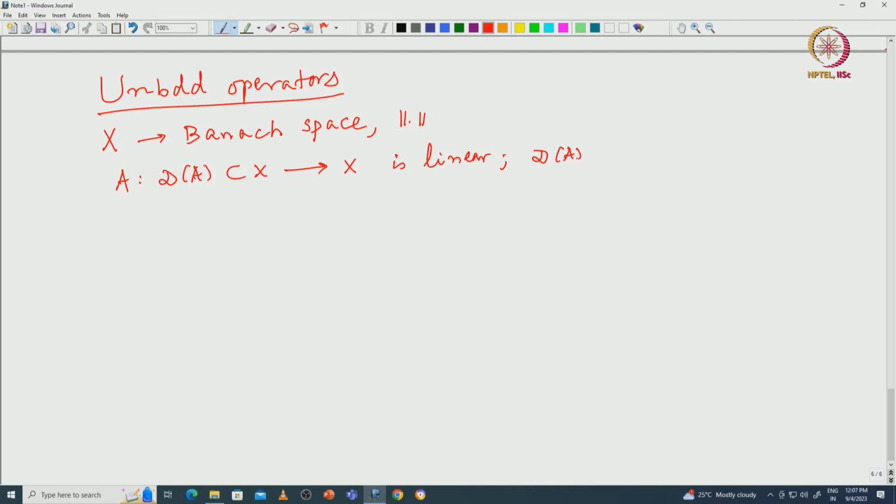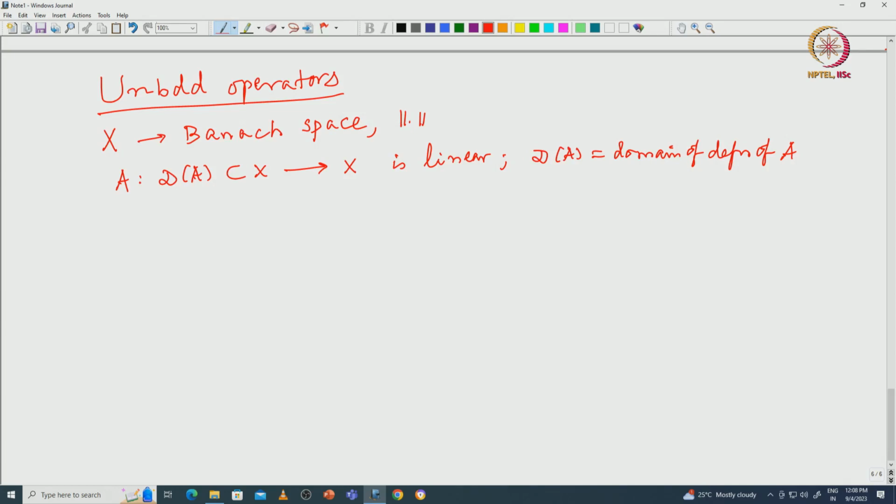It is the domain of definition of A. Soon we will see that two operators can have the same expression but different domains of definition, and they are certainly different.